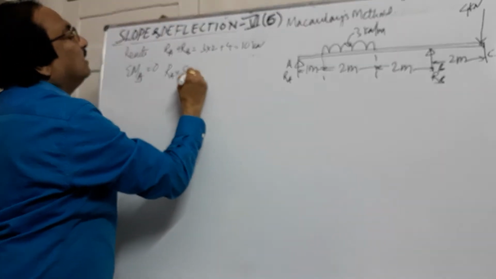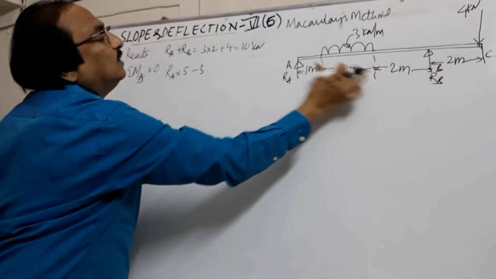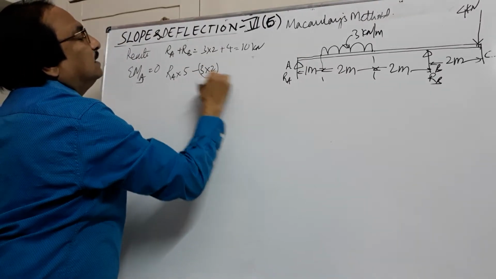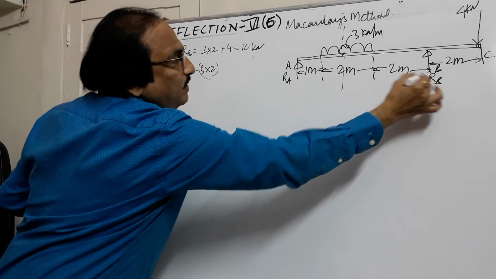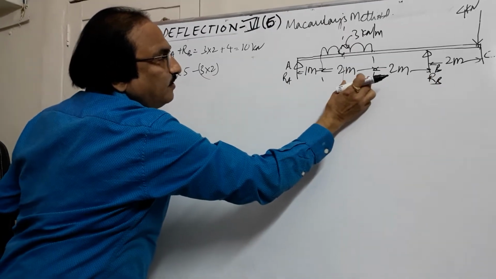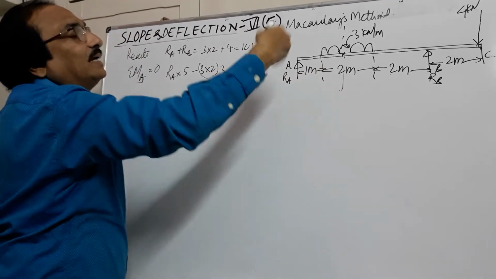Then coming to the UDL, minus 3 into the total UDL of 2. This will act at the center. We want this distance from B, so this is 2 plus half, which is 3, anti-clockwise.